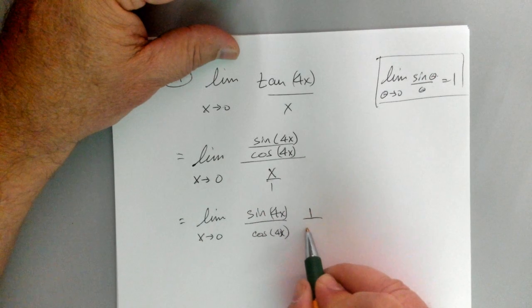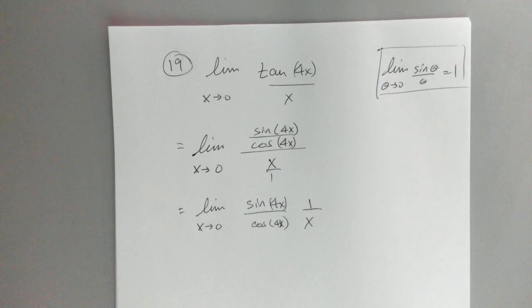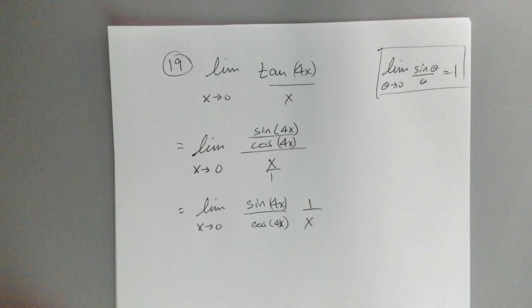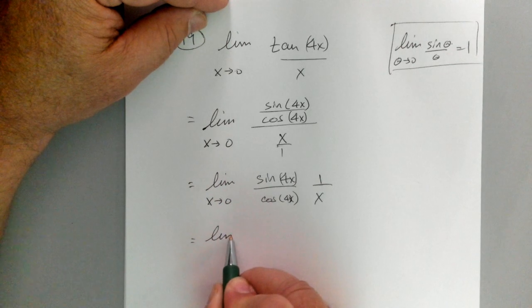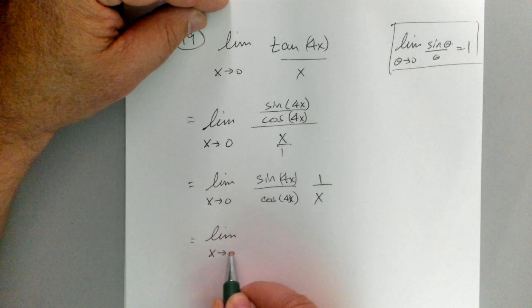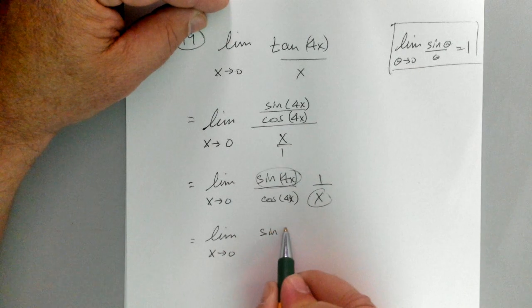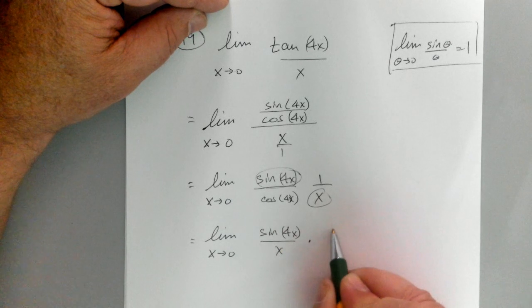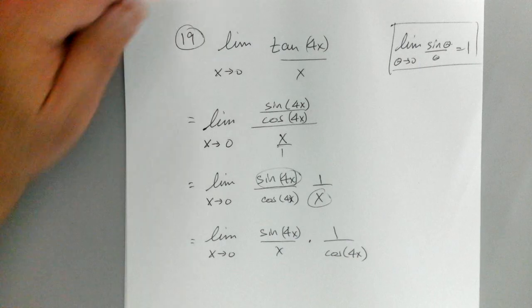Multiply by the reciprocal of the bottom fraction. That's just what we needed, because we can now combine: sine 4x over x times 1 over cosine of 4x.